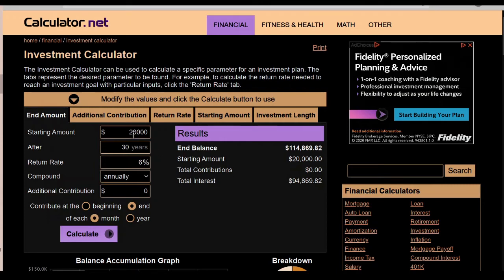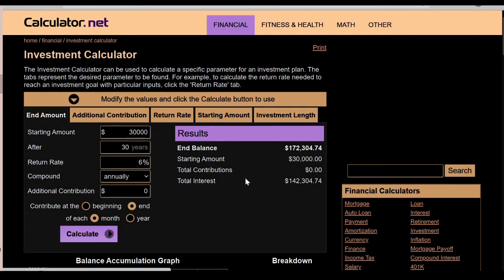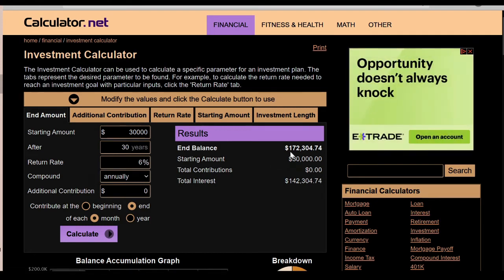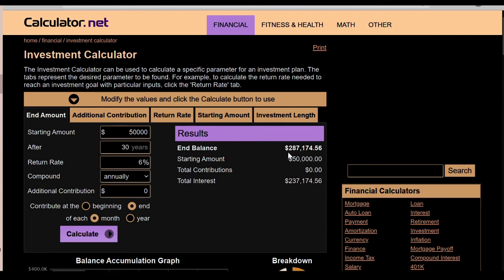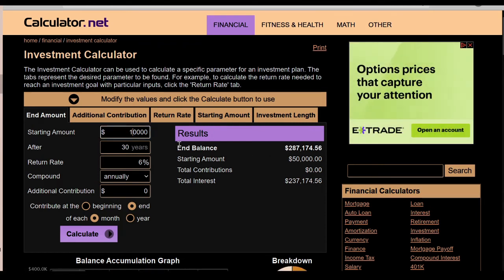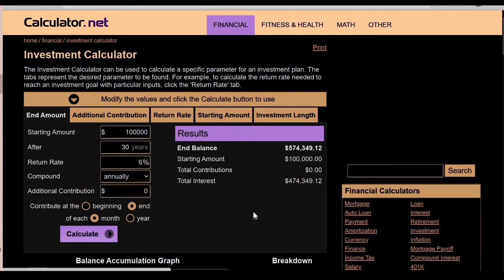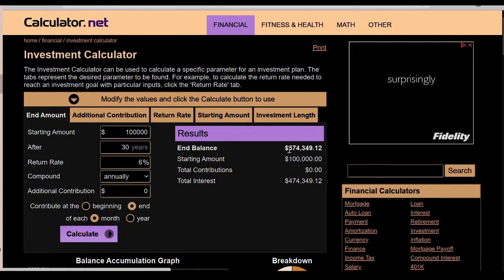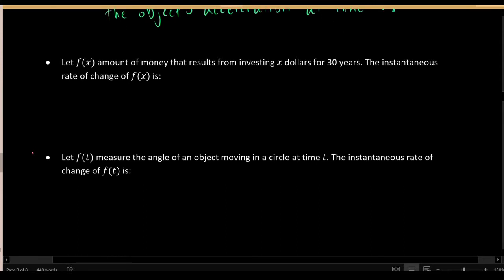If I change that X a little bit, and now I'm investing $30,000, the amount of money that I have after 30 years has changed to $172,000. If I invest $50,000 now, I'll have almost $300,000 later. And if I invest $100,000 now, I'll have almost $600,000 later.